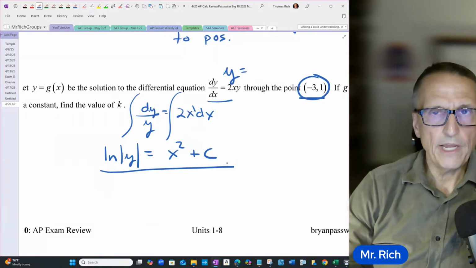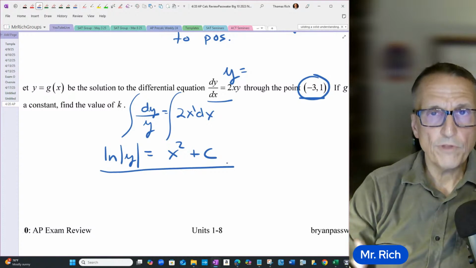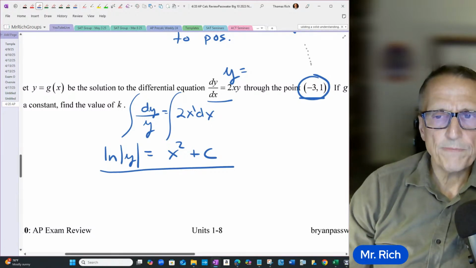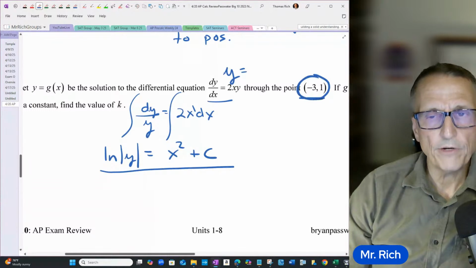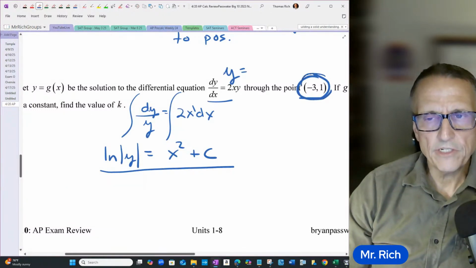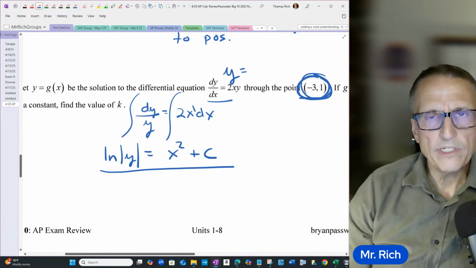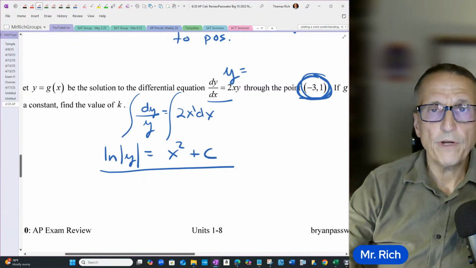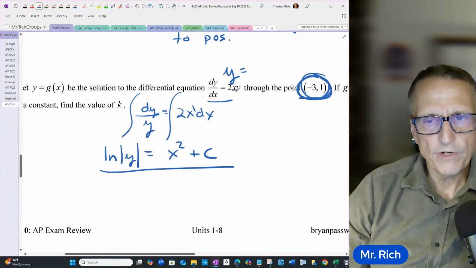And c could be any number. Therefore, there's really an infinite number of solutions for the differential equation, unless we specify one of the particular solutions that passes through a particular point. Given that point, that allows us to find out what c is, and so it allows us to zero in on one particular solution to the original differential equation.